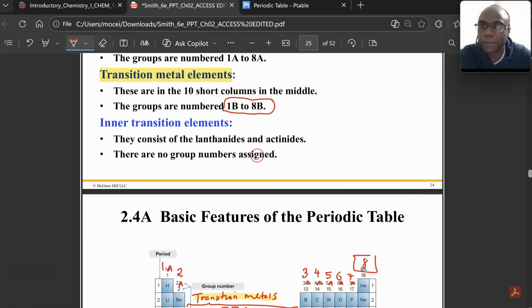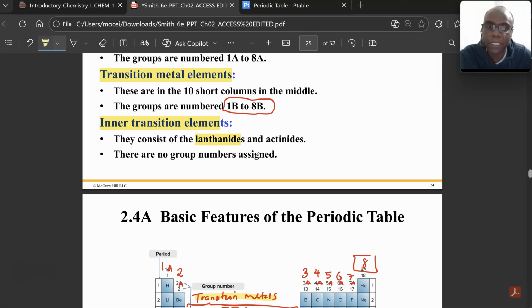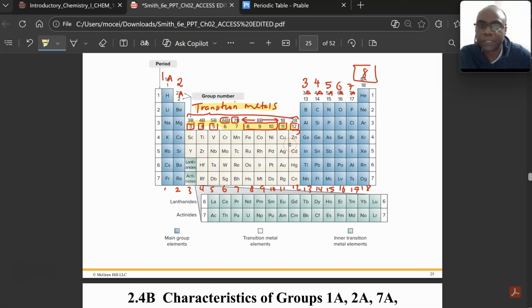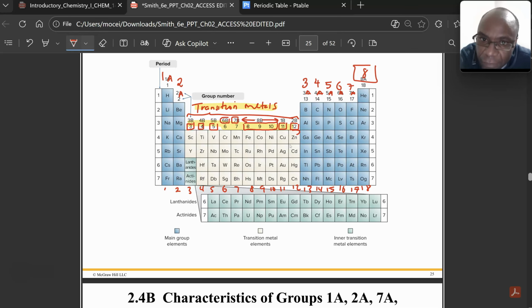And then you have what we call inner transition metal elements that consist of some rare metals called lanthanides and actinides. There are no group numbers assigned because they are sliced off the periodic table, and they are right here. I talked about this before. So these are lanthanides. Lanthanides would be on period 6, sliced from period 6.